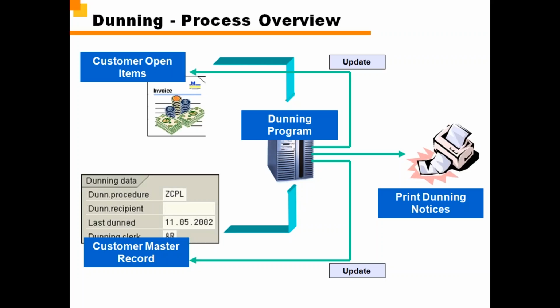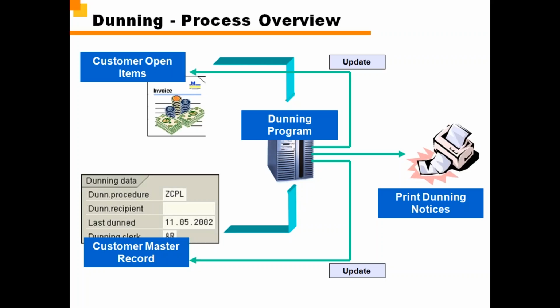Here it is saying that when we execute the dunning program, if you remember, we went through the automatic payment program for our vendor. For example, if we want to pay our vendor through the automatic payment program, we execute it.